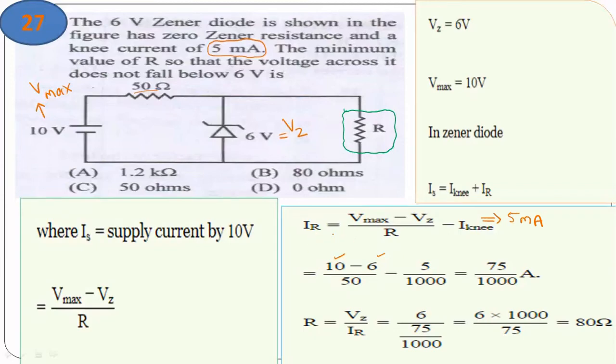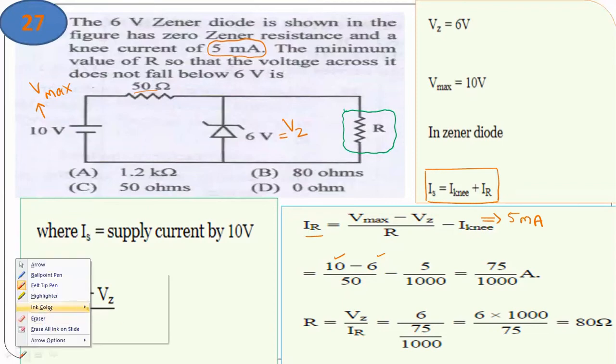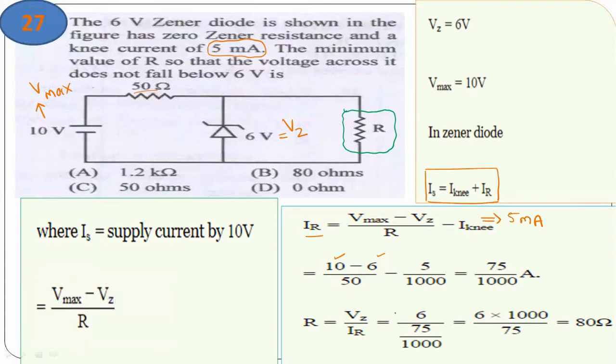Remember that this solution for IR is written from the equation given here, that is IS is equal to IZ plus IR. Now if we solve for R, we should get the solution as 80 ohms.